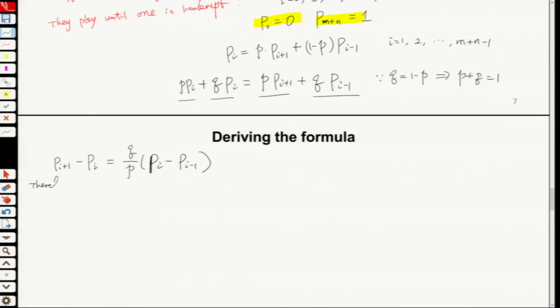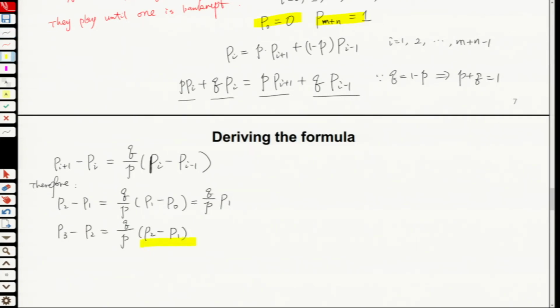Therefore, if we write down this equation, this will become P2 minus P1 equals Q over P times P1 minus P0. And this equals Q over P times P1. What happened to this guy? The second one is P3 minus P2. This equals Q over P times P2 minus P1.